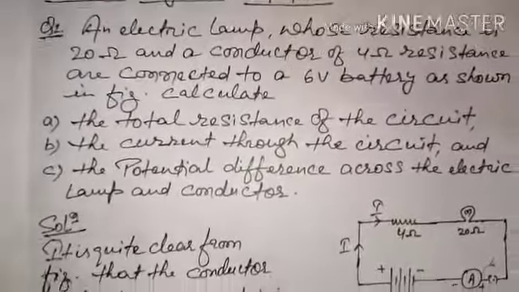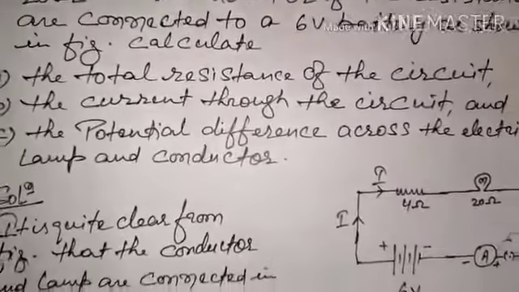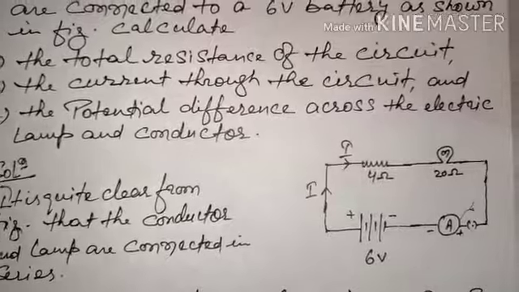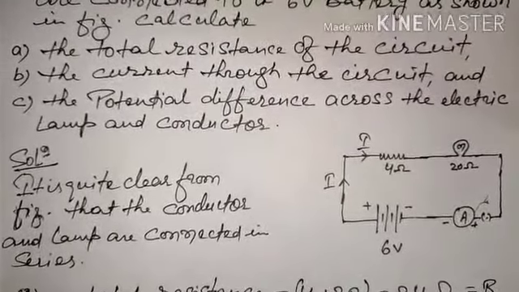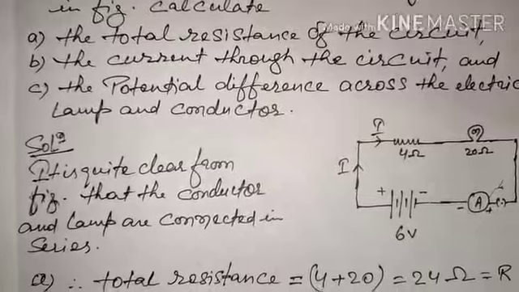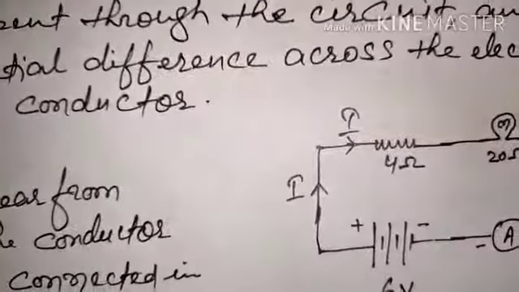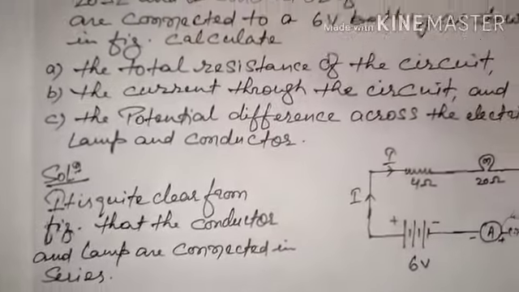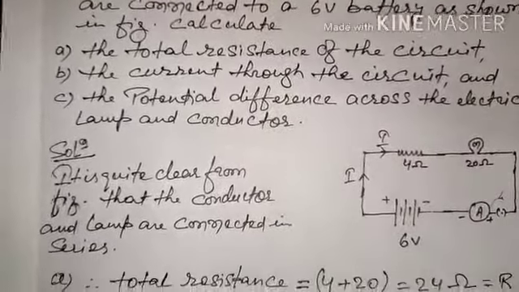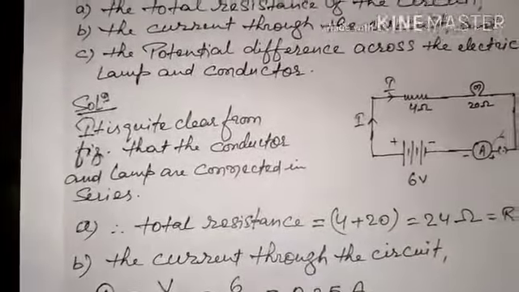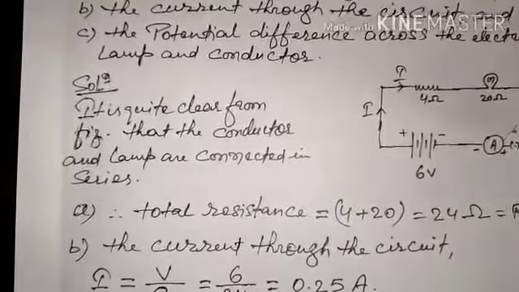Calculate three things: the total resistance of the circuit, the current through the circuit, and the potential difference across the electric lamp and the conductor. This is the 4 ohm conductor and this is the 20 ohm lamp.